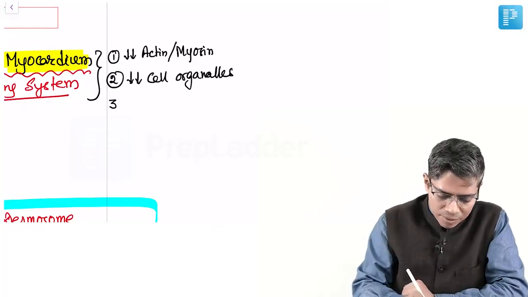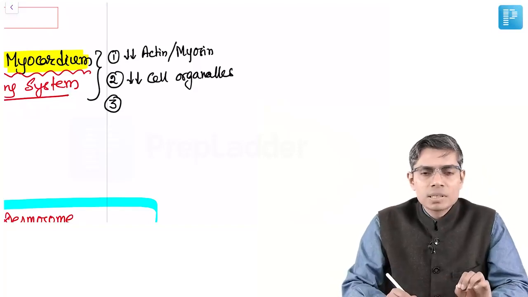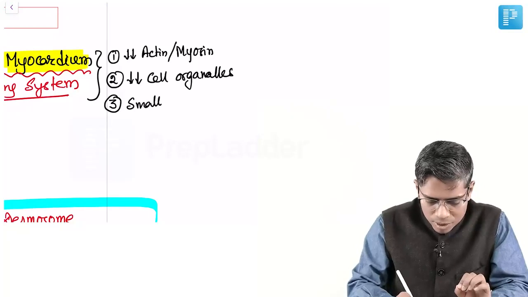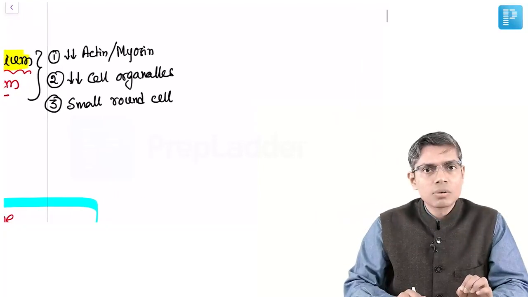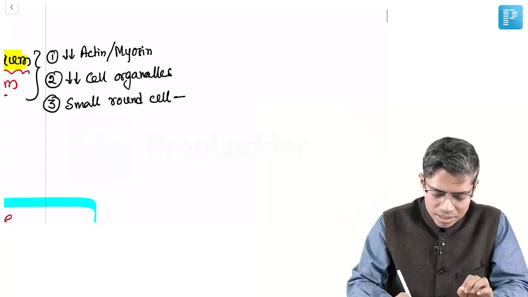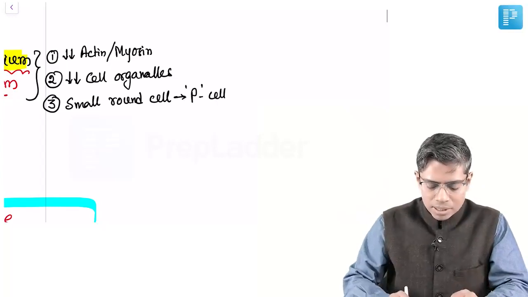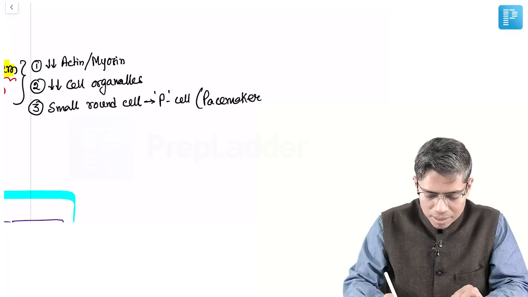And number 3, very important, that there will be presence of a small round cell. So I'm writing here, presence of small round cell within the conducting system of the heart or within the modified myocardium. This cell is known as P cell. All of you know that this P stands for pacemaker. This stands for pacemaker cell.